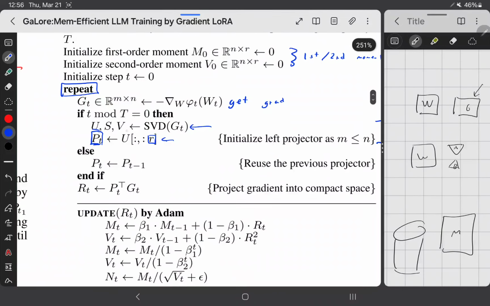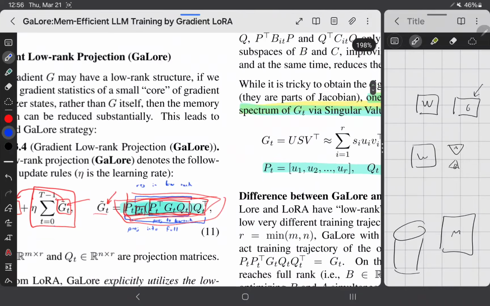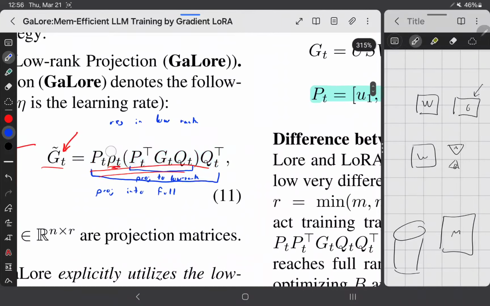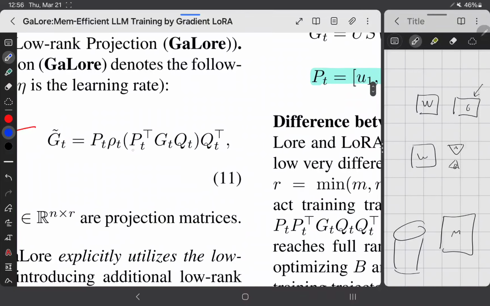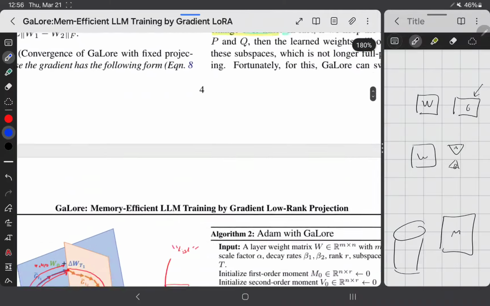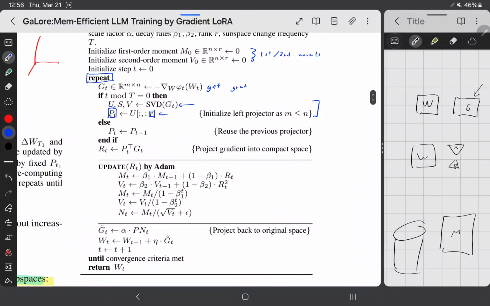You may notice that they only use P here, and here they use P and Q. We'll get to that in a second, but think of P as just a projection to a low dimensional space, and then you can get back by multiplying by the transpose.